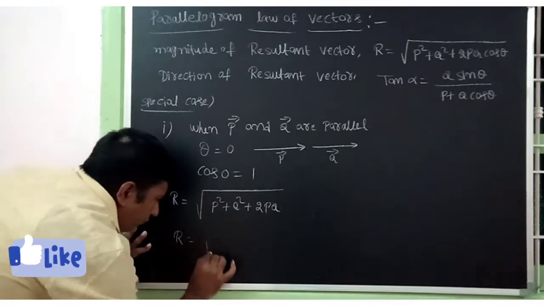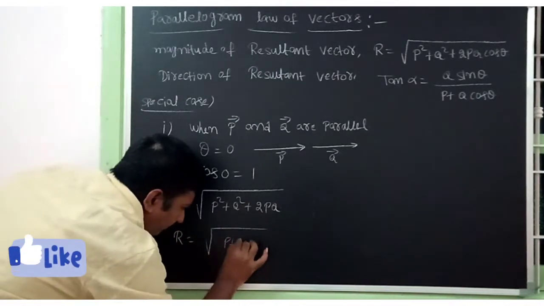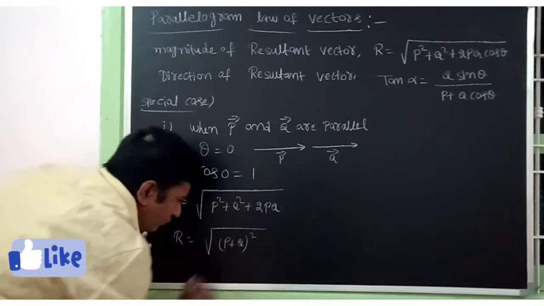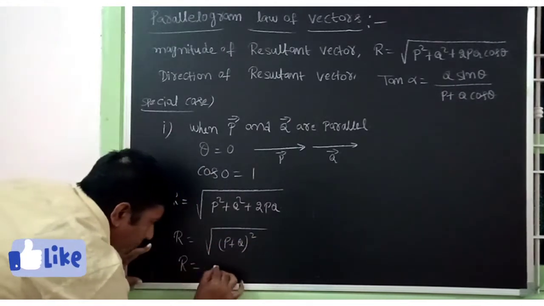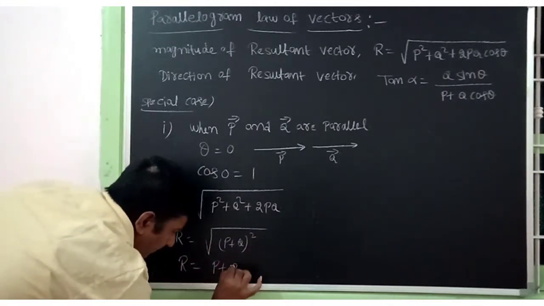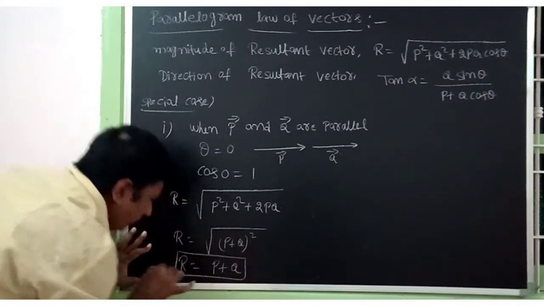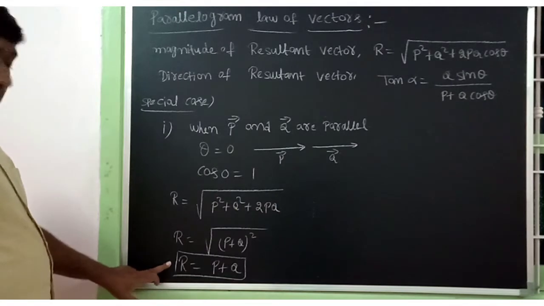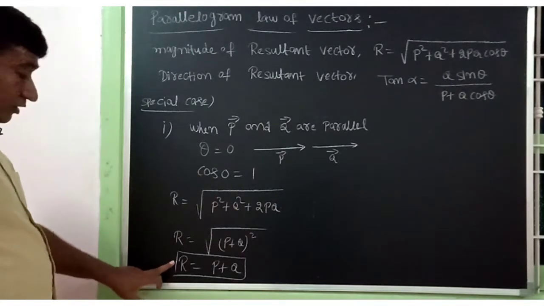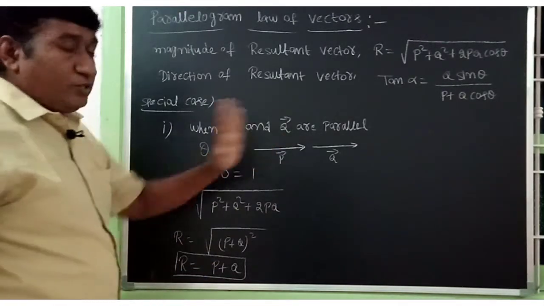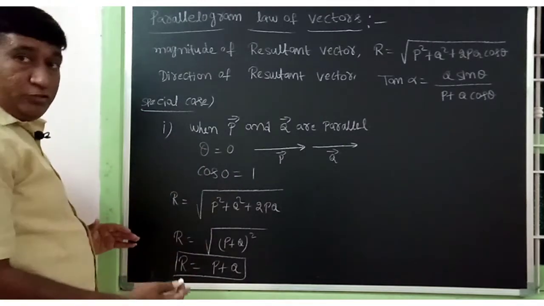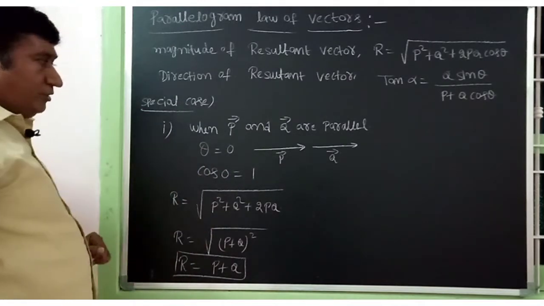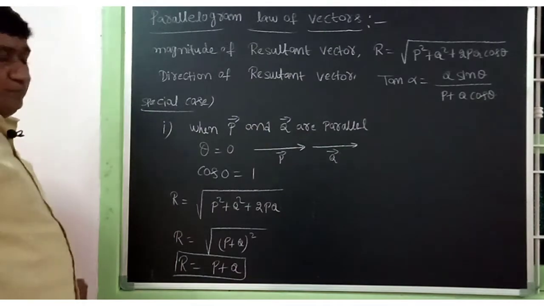So r is equal to root of p plus q whole square, so the r value is p plus q. That is, r equals p plus q, simply by adding the magnitudes because they are in the same direction.